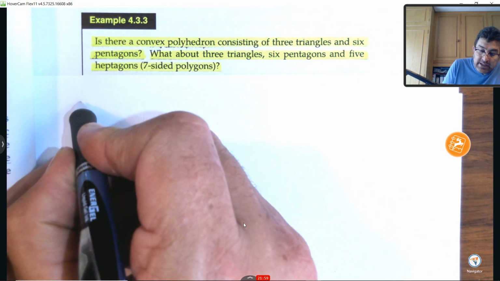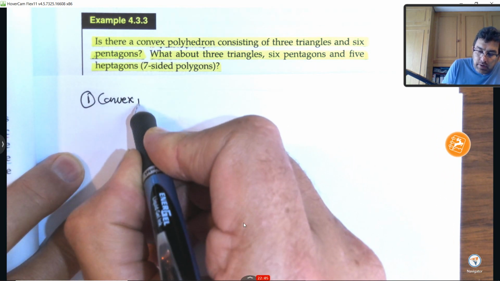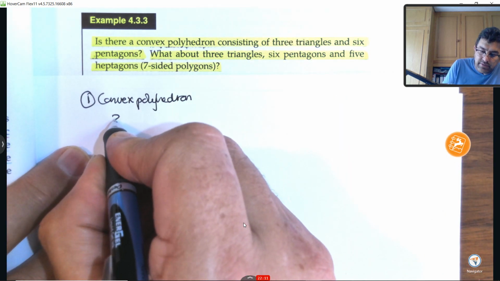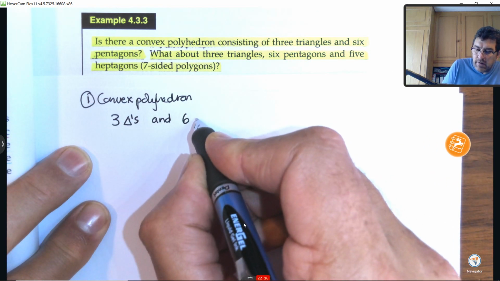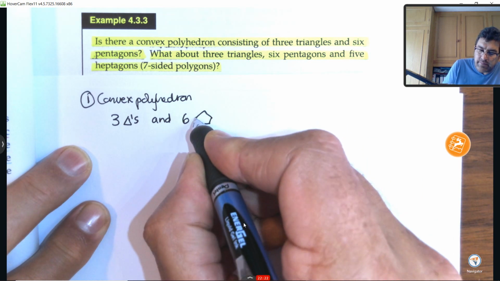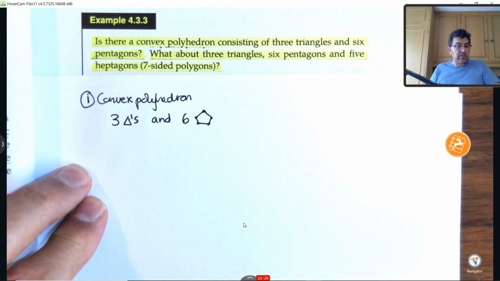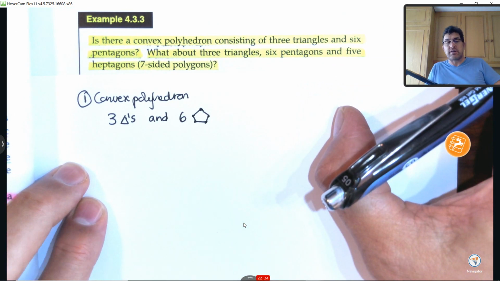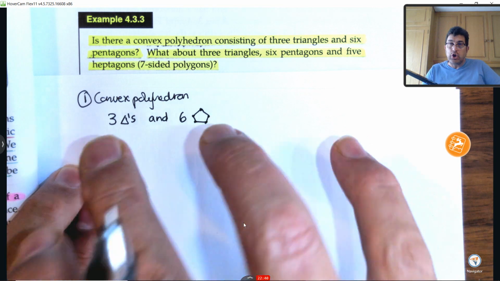Now a pentagon, what? 1, 2, 3, 4, 5. There. It's got 5 vertices each. Now remember, a convex polyhedron means these shapes are put together to form a new solid.